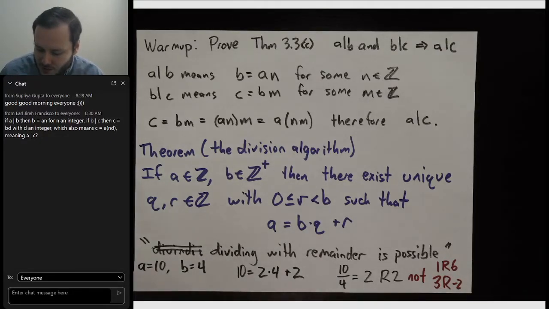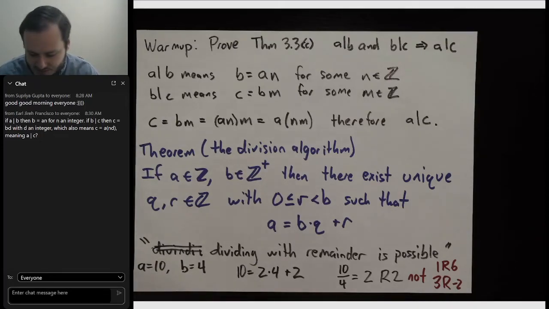We want our remainder to be positive, and we want our remainder to be smaller than the thing we're dividing by, so that we have as many copies of the thing we want as possible, and then whatever is left over. Okay, so this is the division algorithm.